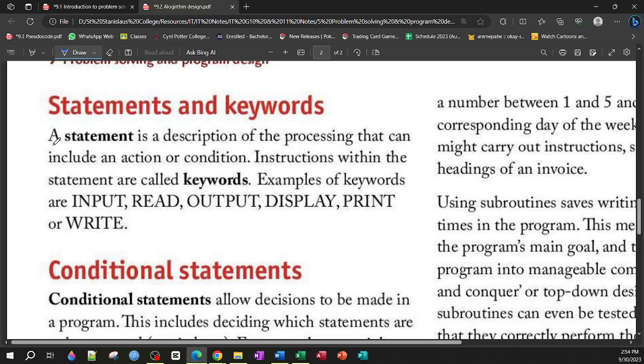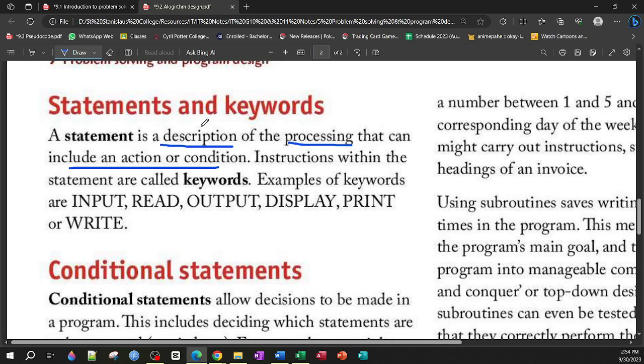So, a statement is a description of the processing that can include an action or condition. Simply put, a statement tells you what action is going to occur.